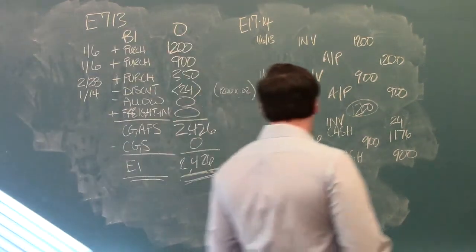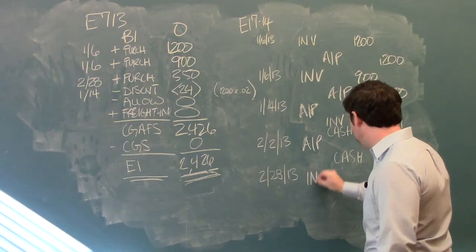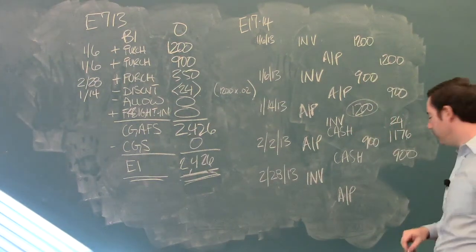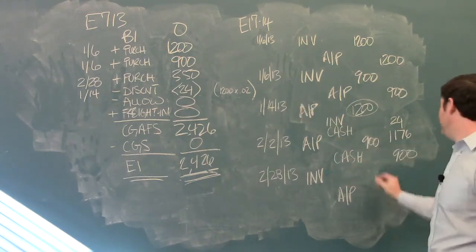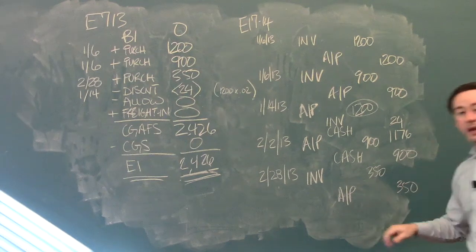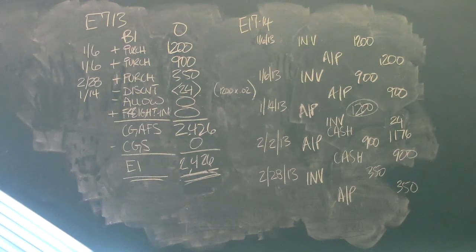We purchased goods, so we again debit inventory, credit AP. I think it was 2/10 net 45 in this instance, and it was $350. And those are your journal entries. Please send me any questions that you have. This is E713, E714, but they go hand in hand.